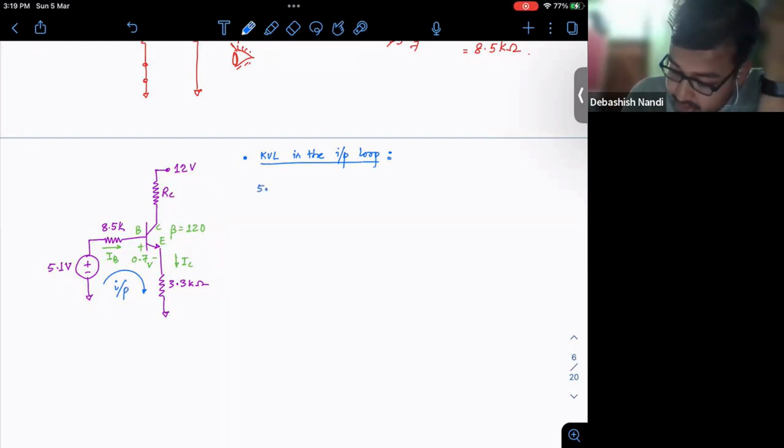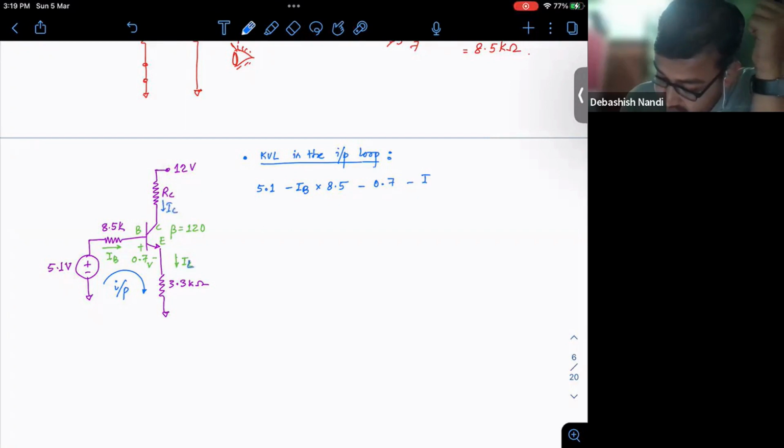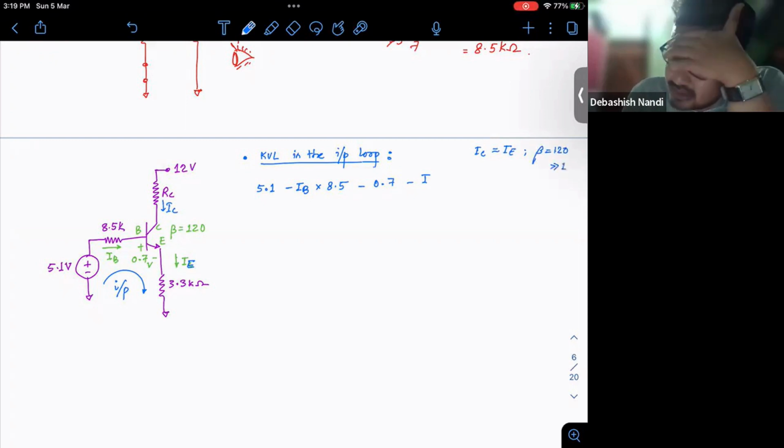So your 5.1 minus IB times 8.5 minus 0.7 minus IE times 3.3. This is your IC, this is your IE, and IC is almost equal to IE because my beta is much larger than 1, right?